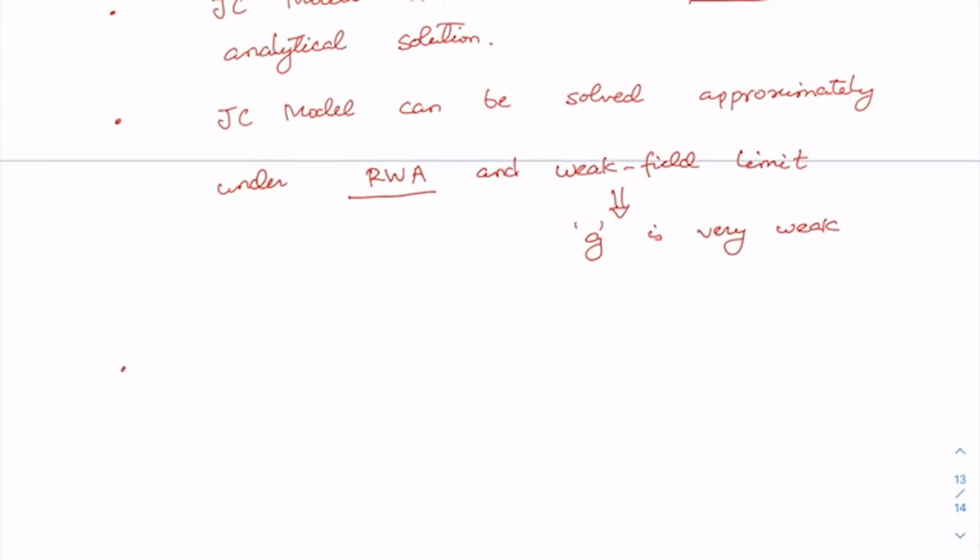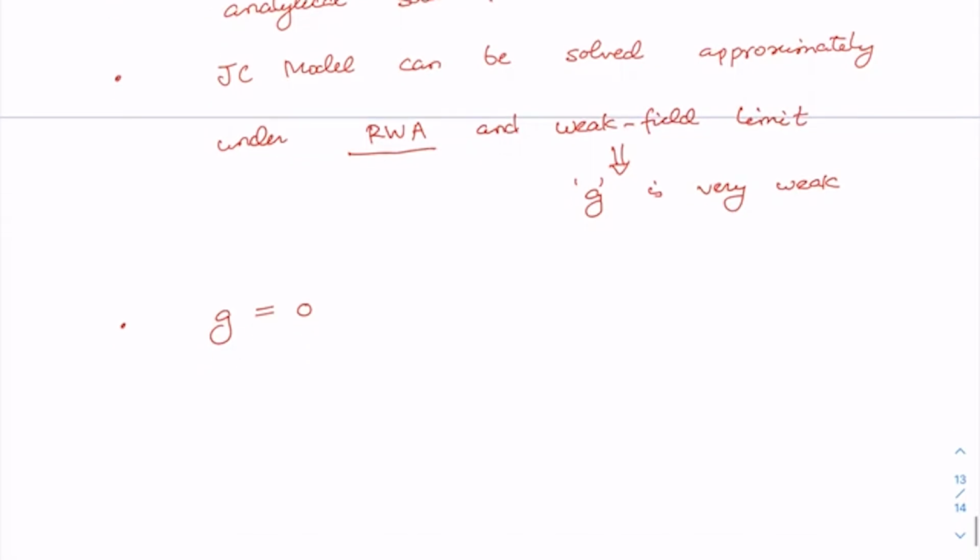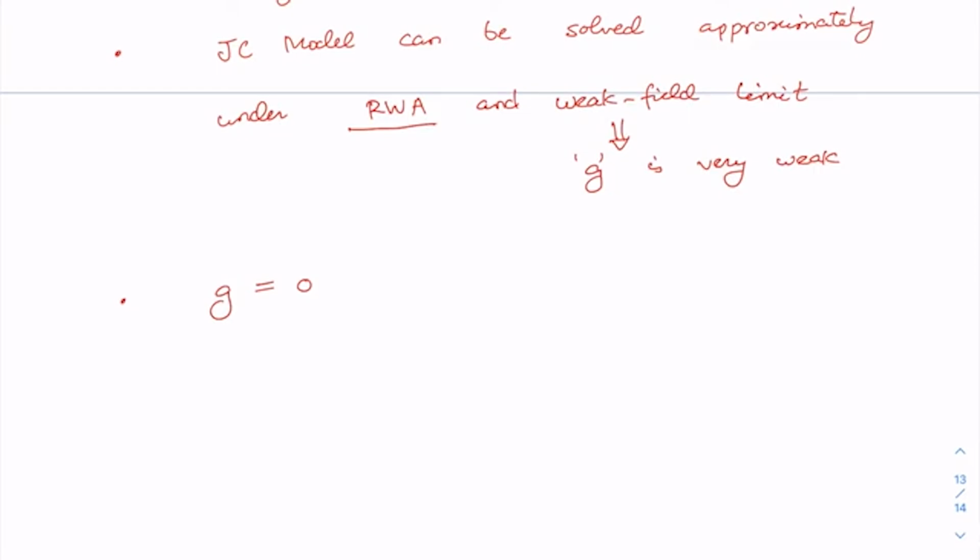And please note that when this parameter Z is equal to 0, that is, there is no coupling between the atom and the field, we cannot solve the Jaynes-Cummings model, because in that case we simply have the atom, which is a two-state system, and the field mode, which is a harmonic oscillator, as we know, with infinite energy levels, all of them equally spaced.